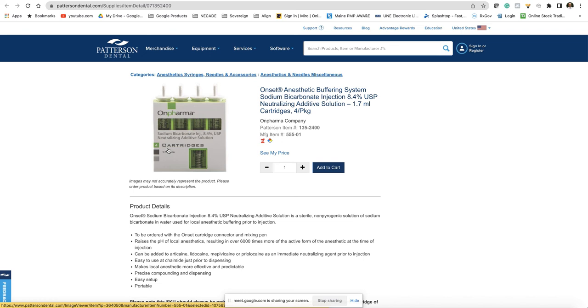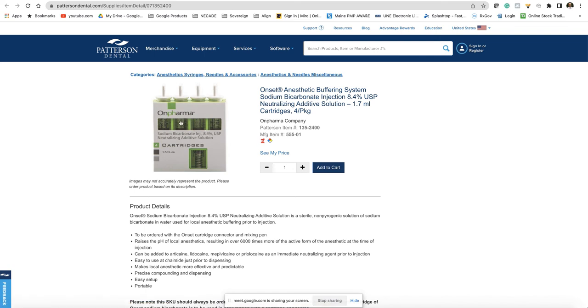I think the first version of their product administered it into the needle and mixed on the fly, which worked okay, but I think now they mix the two. So there is a product out there.